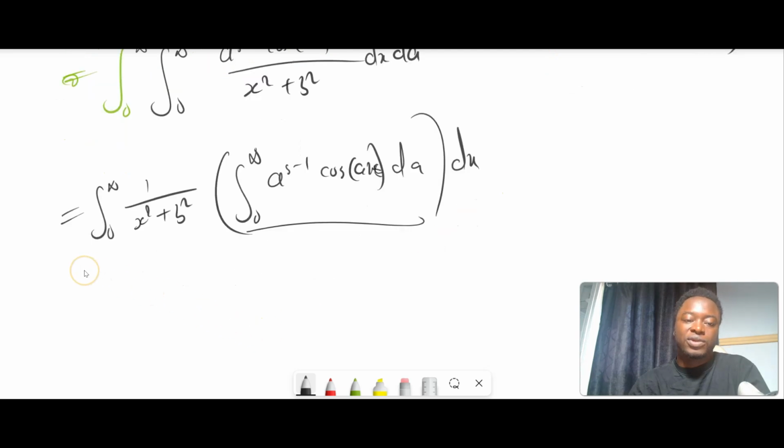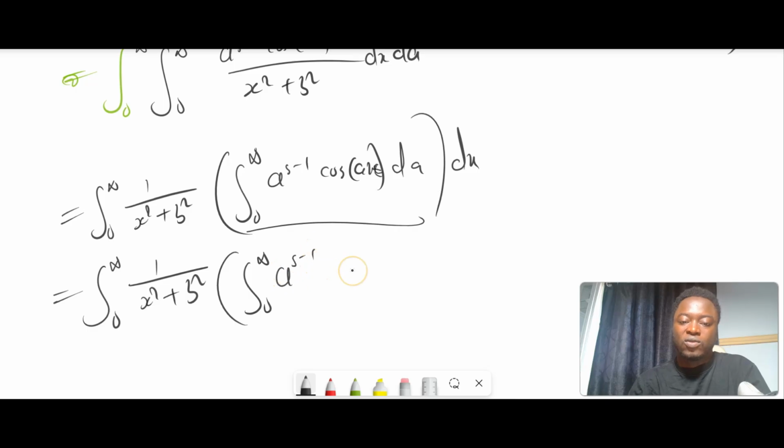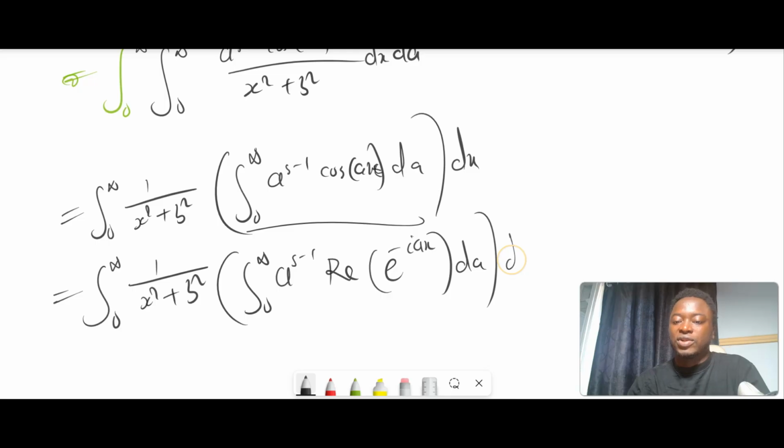So we're going to use that fact and write the integral from 0 to infinity of 1 over x squared plus b squared times the integral from 0 to infinity. So we have a to the s minus 1 times the real part of e to the negative iax. Then you have da, and then also you have dx.